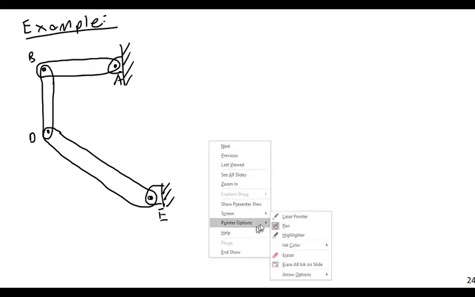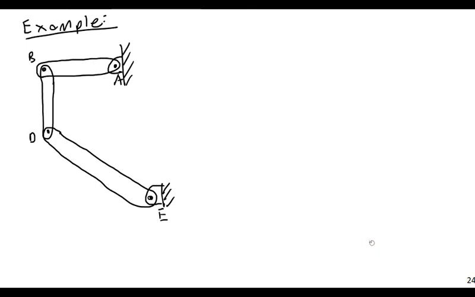Now, I'll give us some dimensions here, and we'll work through this.